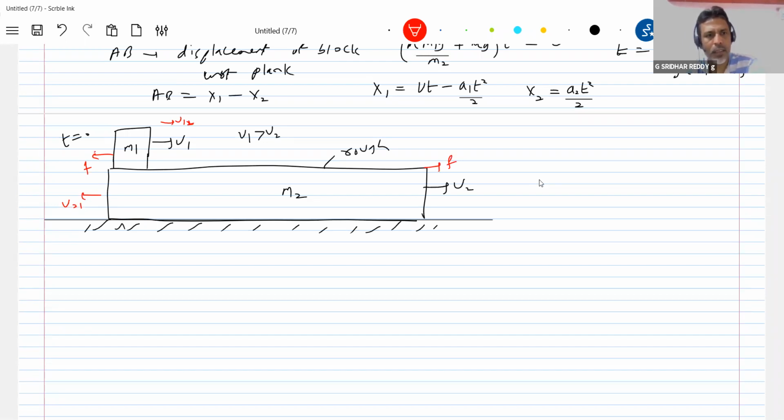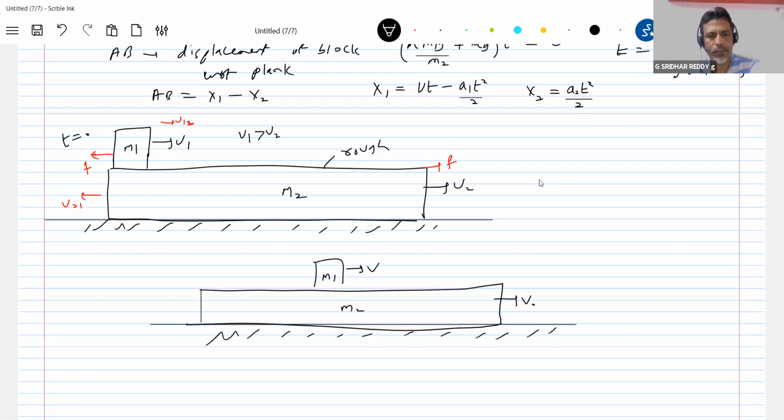Then after some time, we get the position where both will have a common velocity. This is after some time t.